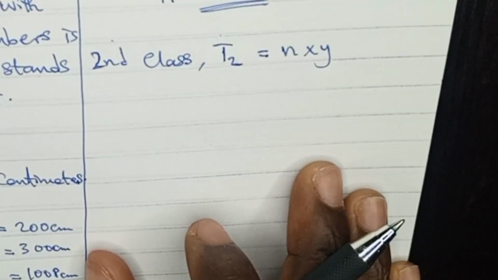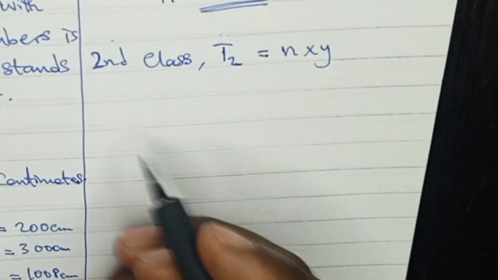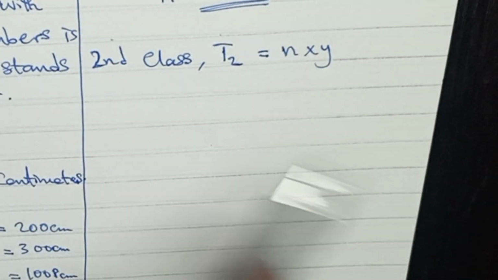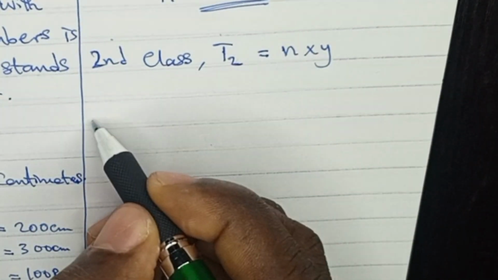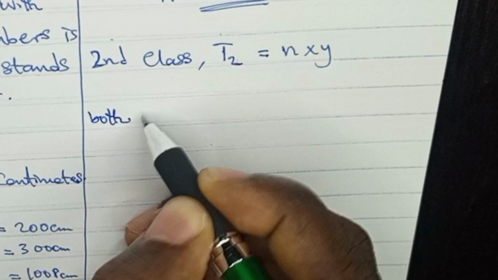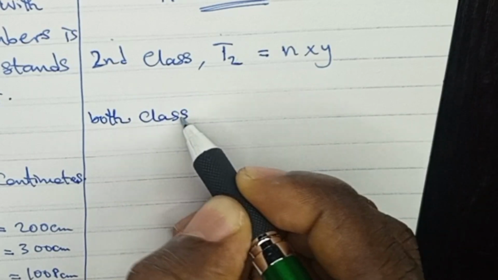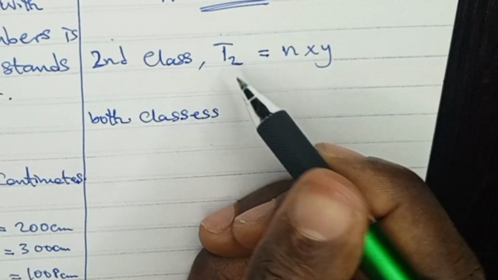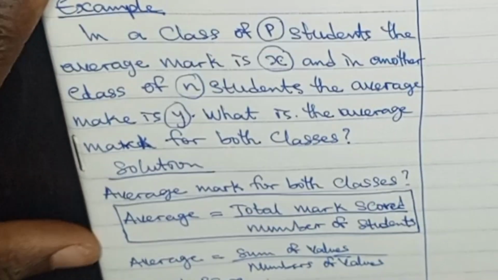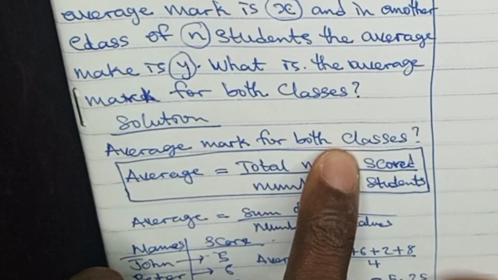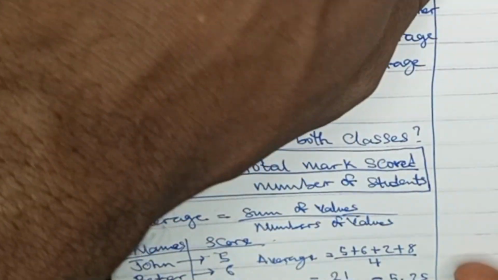Then what do we do now? We have done this for the first class and the second class. Now for both classes. Remember, we are looking for the average mark for both classes, but here we are looking for the total score so that we can get our average mark.